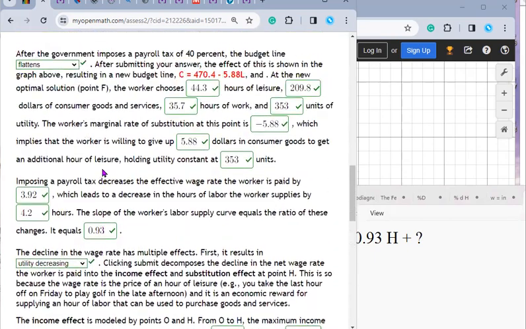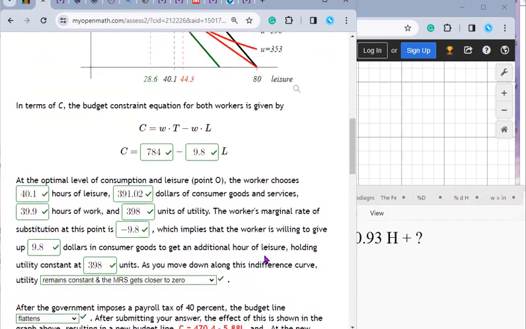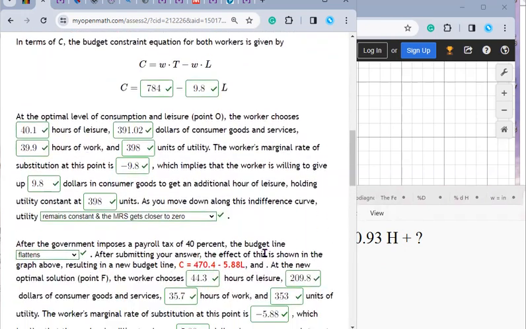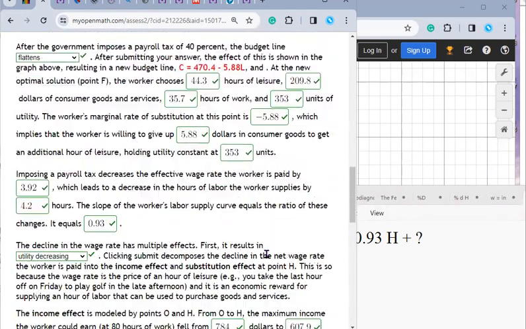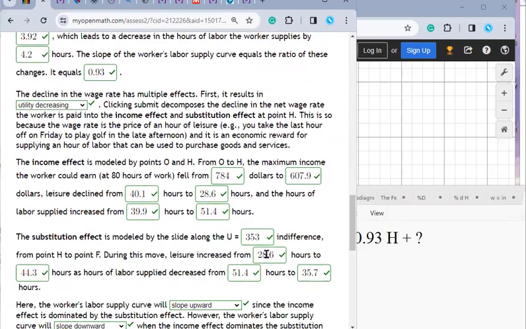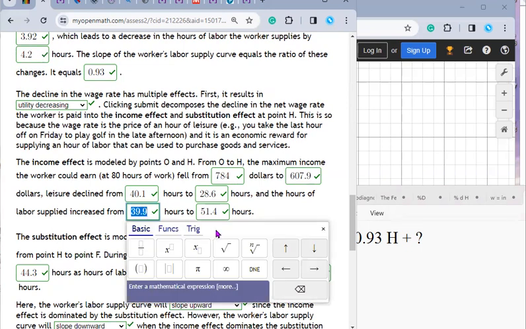And we can actually figure out what the labor supply curve is, by using the original point. At point O, hours of labor supplied was 39.9.